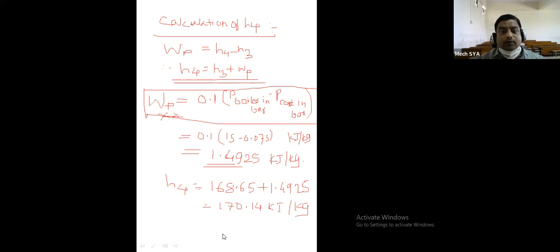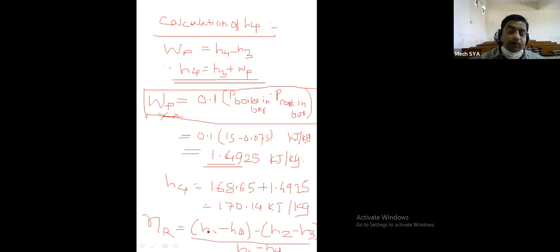Now this is the value. H4 we got, H1 we got, H3, all four enthalpies we got. So up till now, I think there is no problem. Then eta Rankine, that they have asked us. In this formula of eta Rankine, H1 minus H4, divided by, H1 minus H2 minus, H3 minus H4, divided by H1 minus H4.